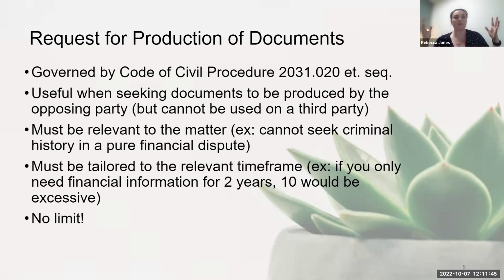You can do 5-6 sets of requests for production of documents. The only issue you would run into there is on your next set, you cannot ask for documents that you have already requested. So if you asked for bank statements from January 2010 to January 2020, in your next set, you can start from February 2020 forward, but you cannot ask for documents that you have already requested.